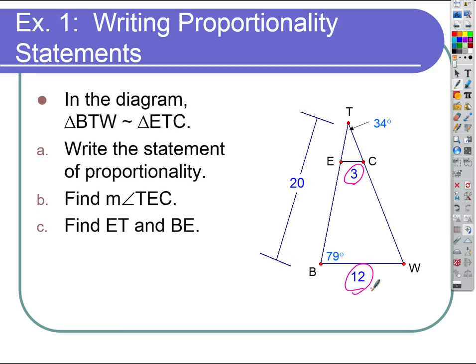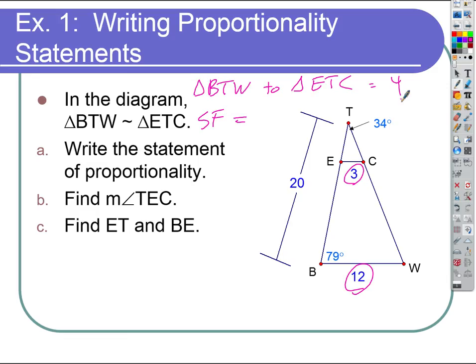The scale factor is 4 over 1, isn't it? Everybody see that? Because that's the ratio of the corresponding side in this triangle, which has a length of 12, and in this one, which has a length of 3. And so it gives us 4 over 1, which is just 4.